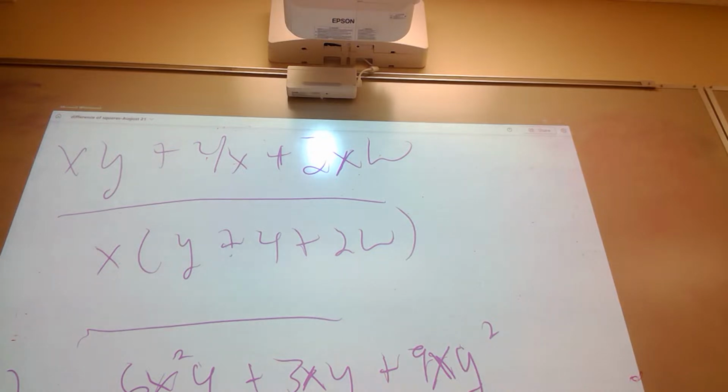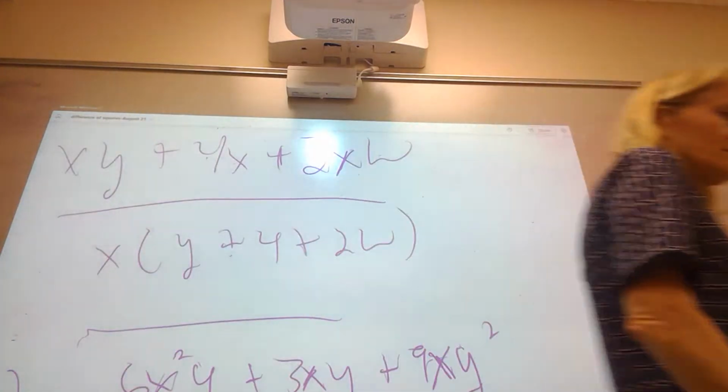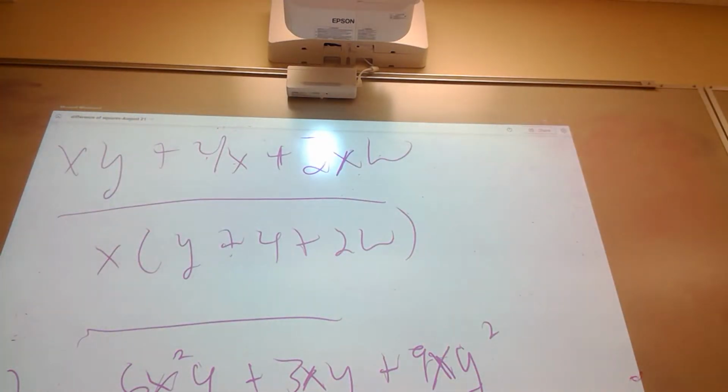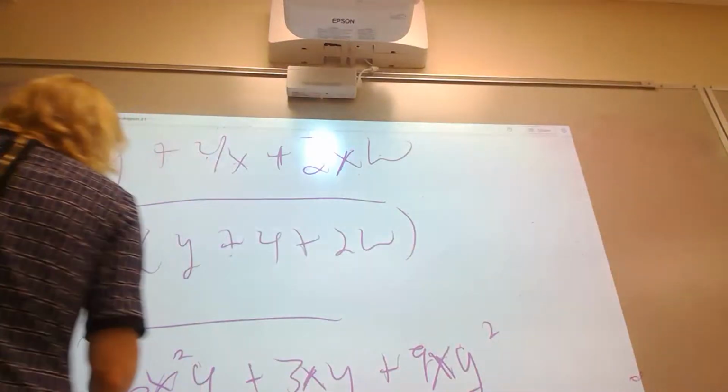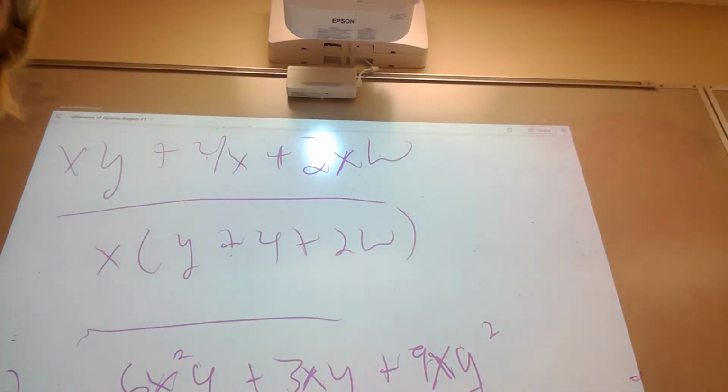So you're pulling out a 3. The lowest power of x is x. The lowest power of y is y. You're pulling out 3xy. And then just put what you have left after you pull it out. You pull out a 3, you're going to have a 2 here.